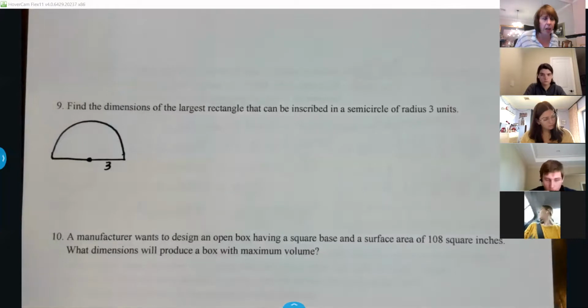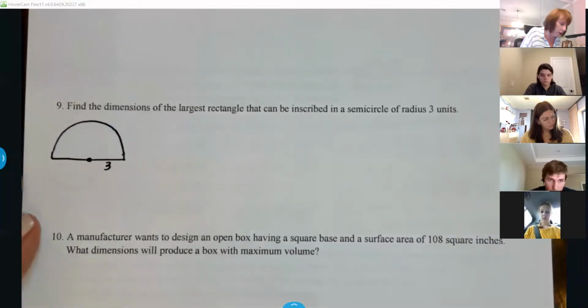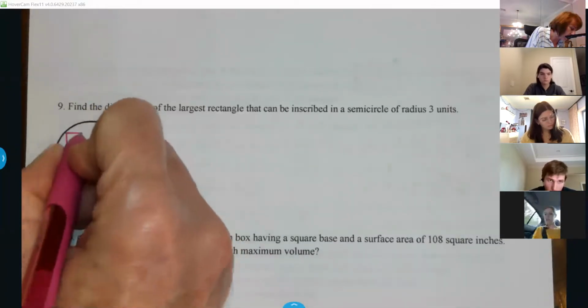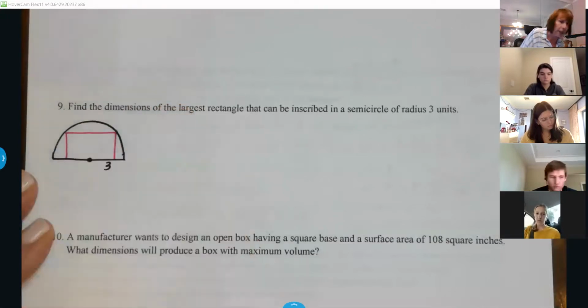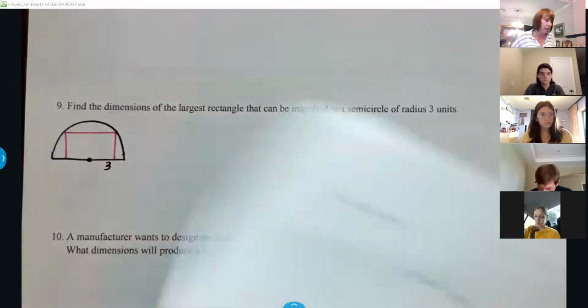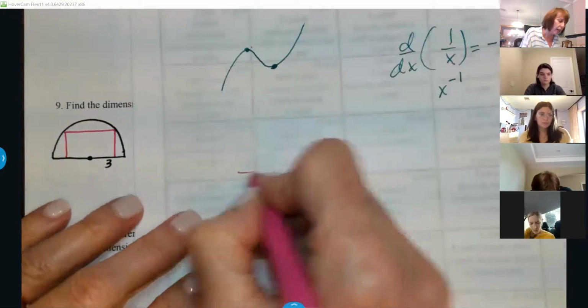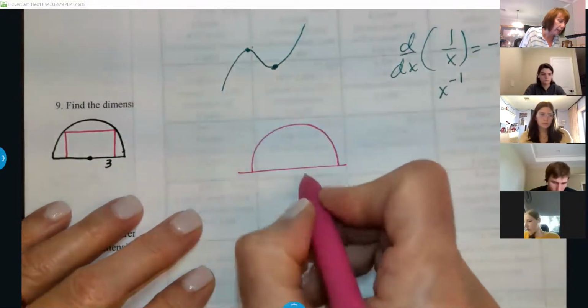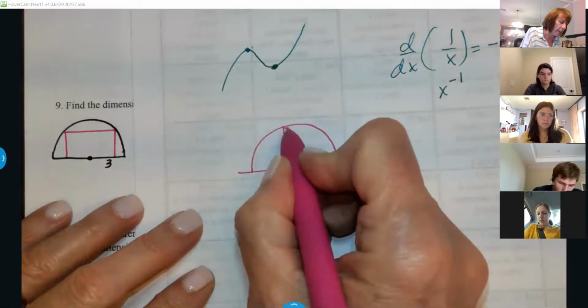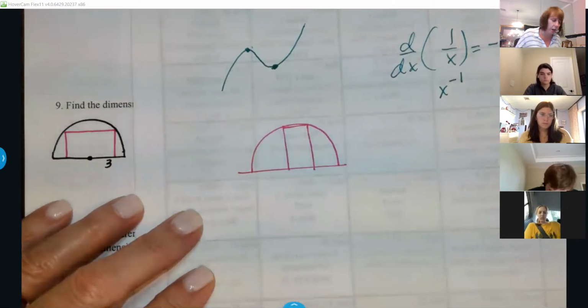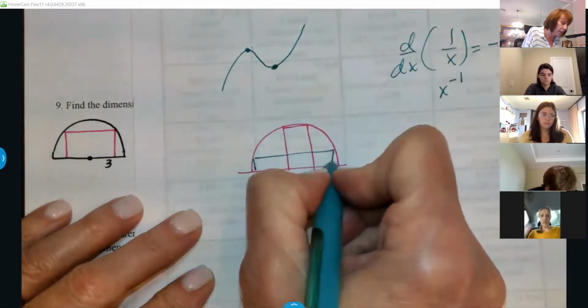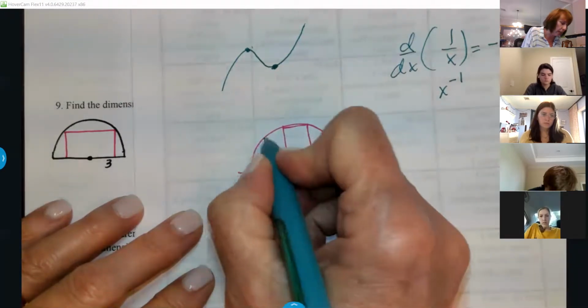And we want to inscribe a rectangle in here. That rectangle could look like that. It could also look like this, right? It could look like that.